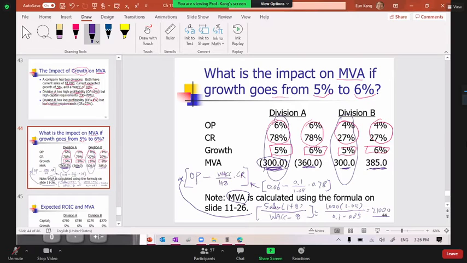So please check those numbers, right? And those numbers too. I just show you this number, 300, but you can check those numbers at home for fun. Just plug in numbers, and instead of 1.05, you use 1.06 right here.